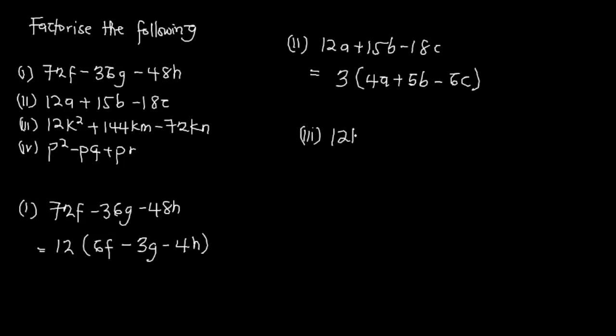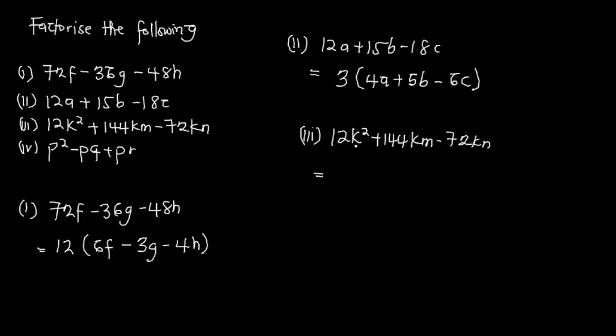So we have 12k squared plus 144km minus 72kn. Okay, now if we look through this particular example, we see that the coefficients of the variables that we have, 12, 144, and 72, there's a number that can go into all of them exactly. And then again, there's another common factor over here.